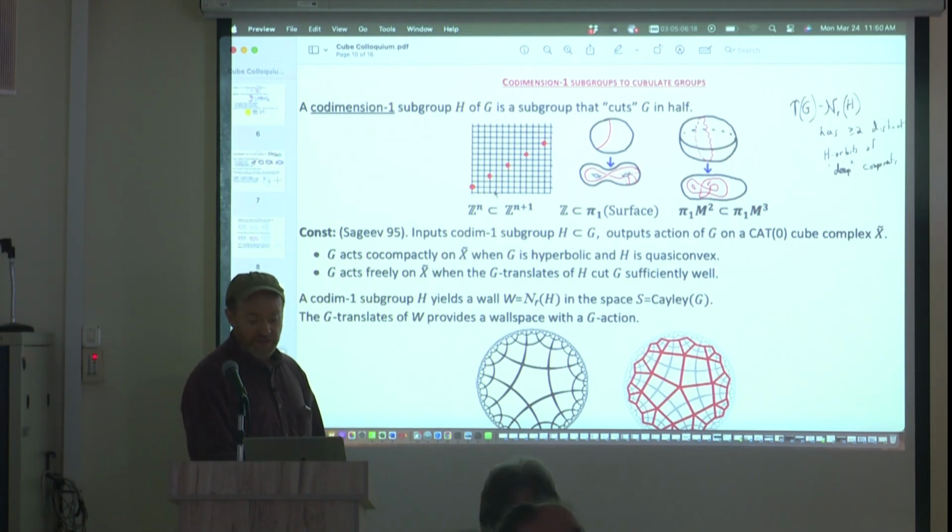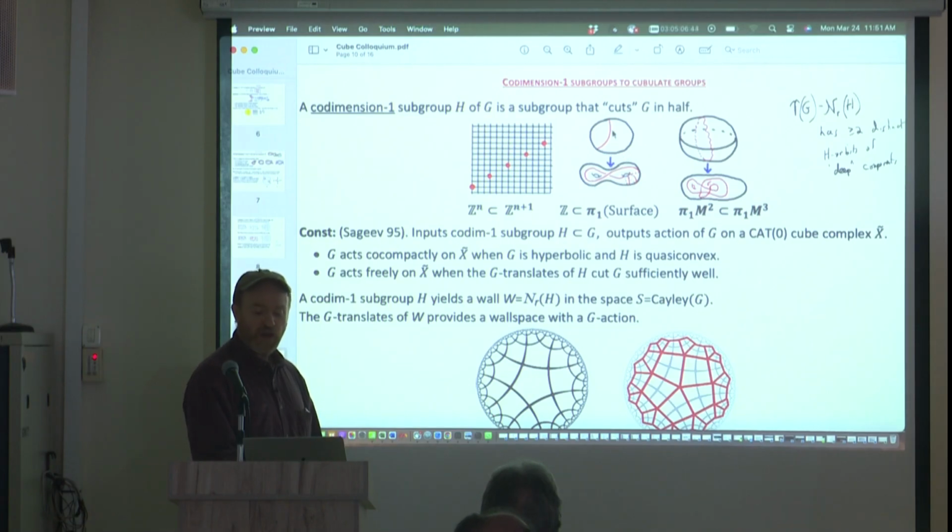And so in fact, any Z^n in Z^(n+1) is a codimension 1 subgroup. Here's just a Z^1 inside of Z^2. But if you take a genus 2 surface and you take a pi1 injective immersed circle, then you get a cyclic subgroup of a surface group, and that's also going to be codimension 1.